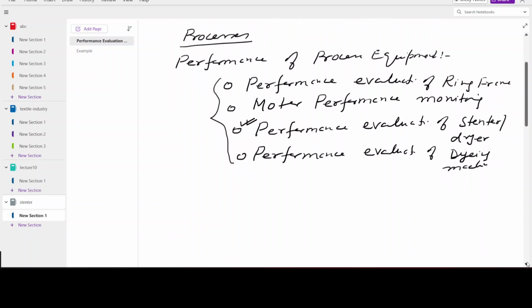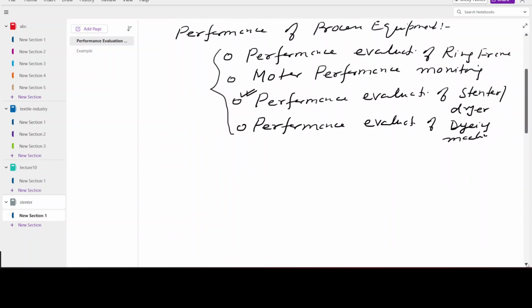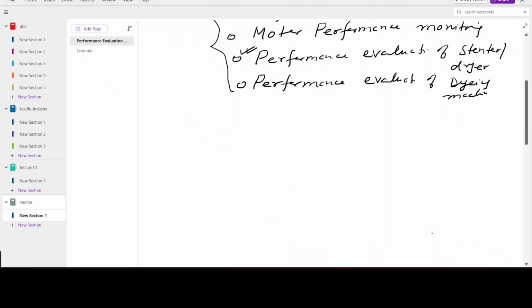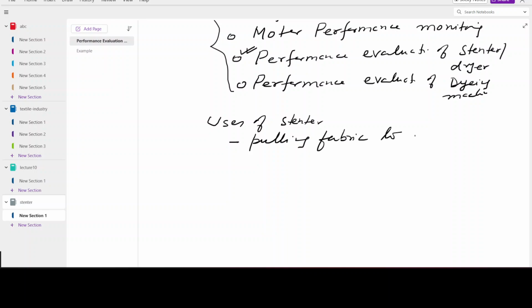Stenter is a very versatile equipment and it has many uses. Uses of Stenter: it is for pulling the fabric to width.